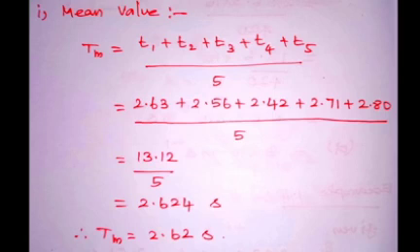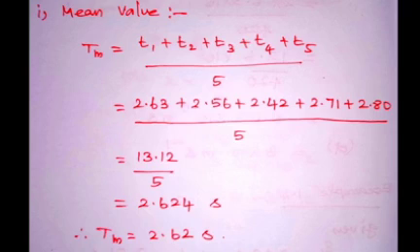First one, to calculate the mean value, we know the formula: sum of all the readings divided by number of readings. Therefore Tm equal to T1 plus T2 plus T3 plus T4 plus T5 divided by 5, and we get 2.63 plus 2.56 plus 2.42 plus 2.71 plus 2.80 divided by 5.